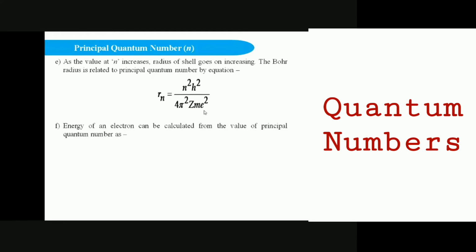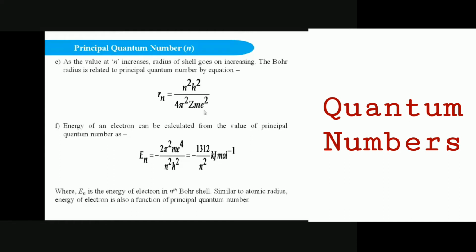Apart from that, the principal quantum number can also determine the energy, given by this formula. So energy, distance from the nucleus meaning radius, and the number of electrons it can occupy are given by the principal quantum number. So this is the first, the principal quantum number.